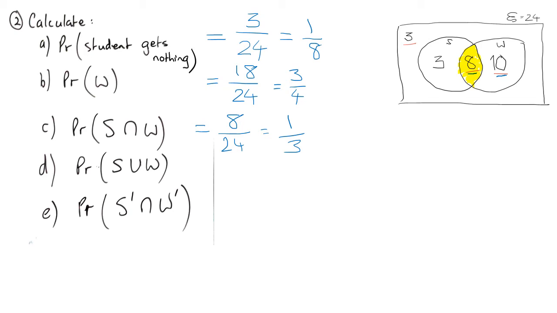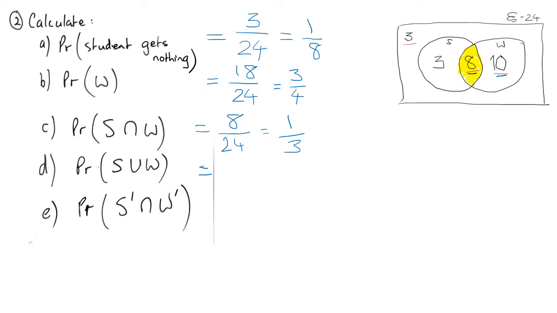Alright, more set notation. The U means union. Union is everything that is in either of the sets. So we need to think about everything that is in S and W, and it doesn't matter whether it's in both. Now this is not quite as clear off a two-way table, but all we need to do here is basically add up all the numbers here.